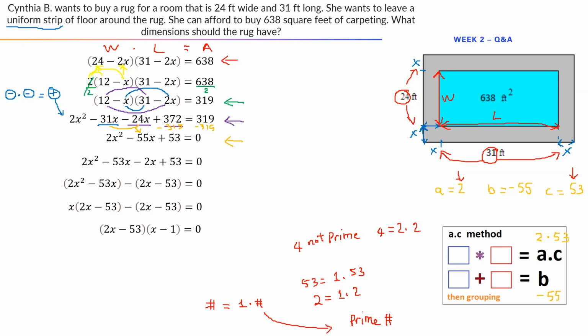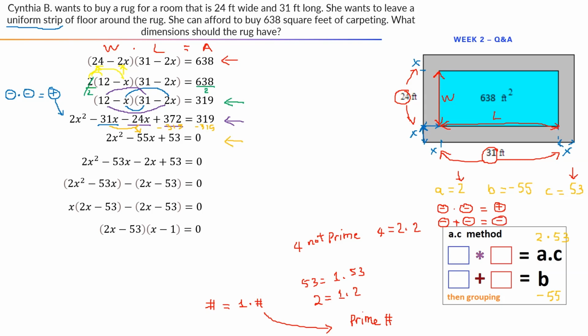Okay, so in that case I have 2 times 53, that's positive, right? But then when the two numbers sum up to a negative, we have to think that we will have negative multiplied by negative to form positive, and then negative added to negative is negative, right?